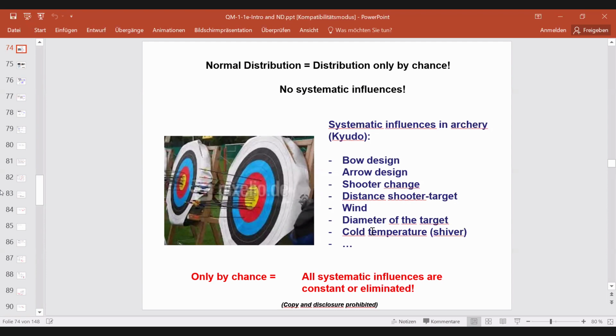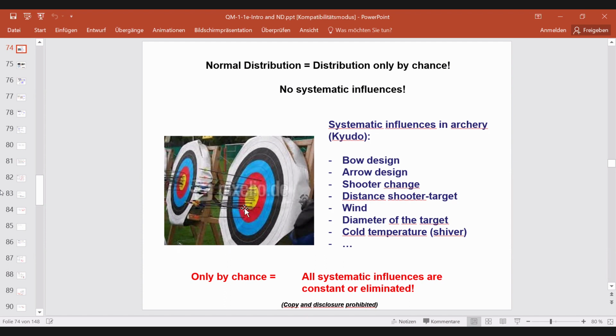If it is too cold, the shooter shivers, and then he does not have so much control in his shooting. So all these systematic influences have to be eliminated or kept constant.